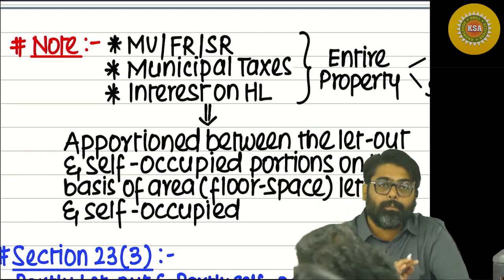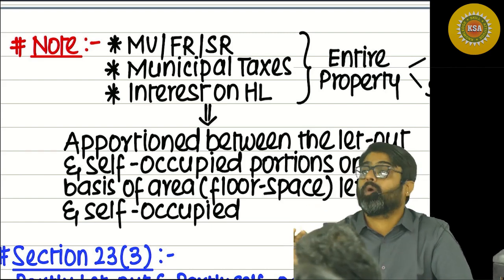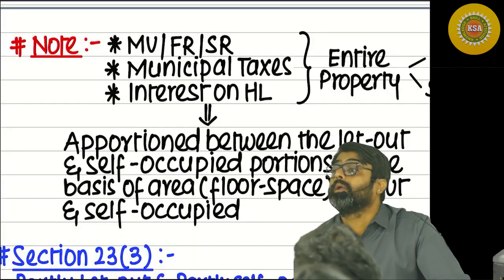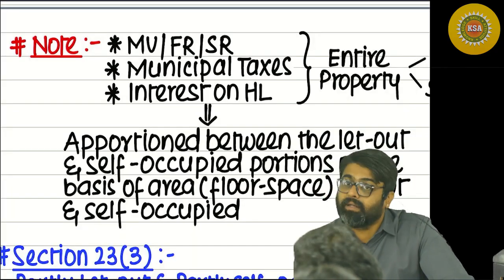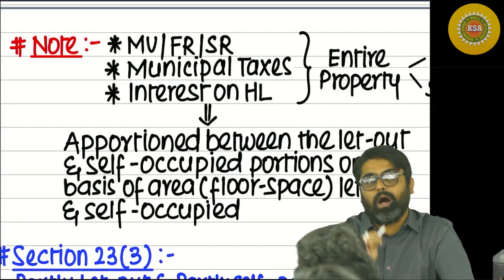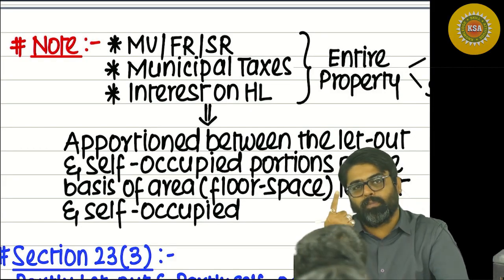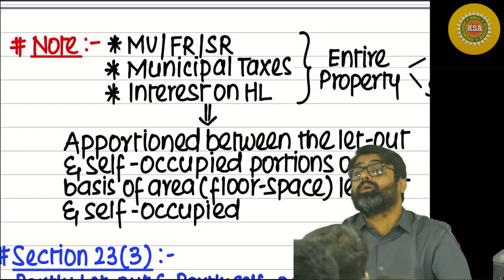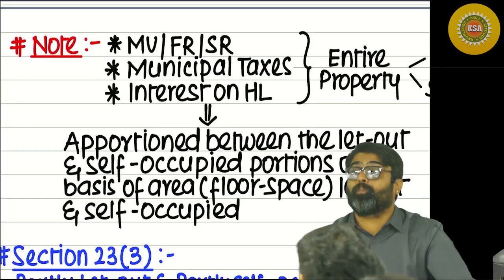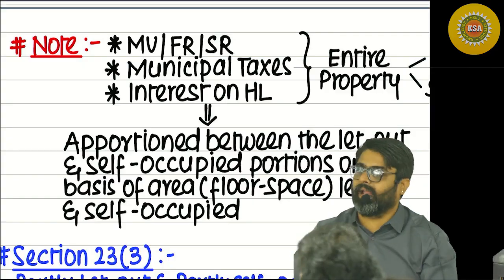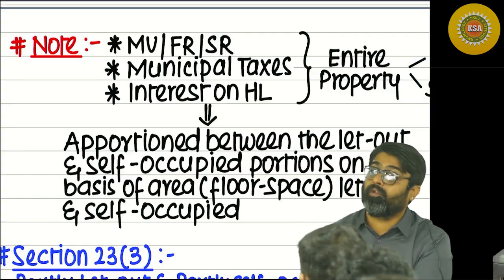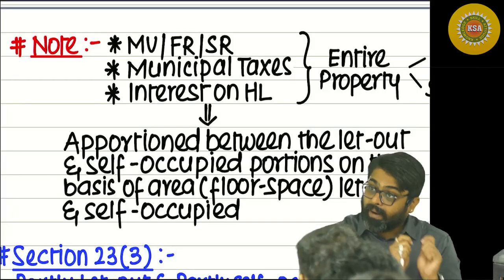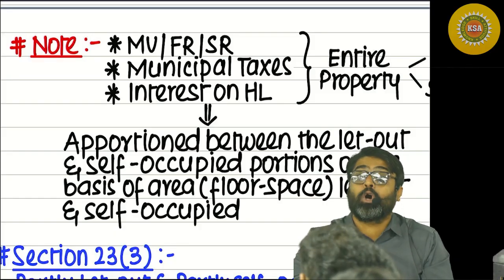This was partly let out, partly self-occupied, based on area. Now tell me, how many types of property? LOP we have done, SOP we have done, partly LOP, partly SOP based on time, 23(3) we have done. But along with that, we have also seen one more concept, partly LOP, partly SOP based on area.